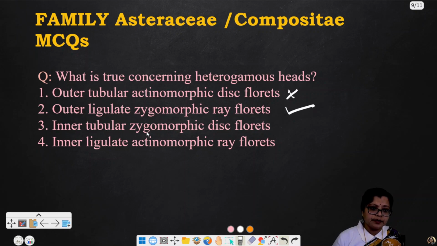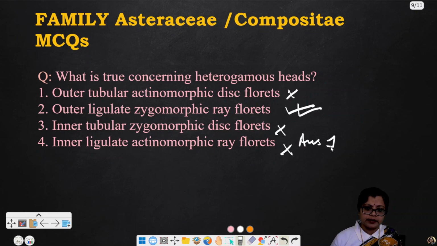Inner tubular zygomorphic disc florets, never zygomorphic, so it is wrong, it is actinomorphic because the disc florets are always actinomorphic. Inner ligulate actinomorphic ray florets, so inner side ray florets are never present. So the correct option, the answer, is 1. So we have to eliminate the wrong ones as fast as possible, and then we have to select the correct one.